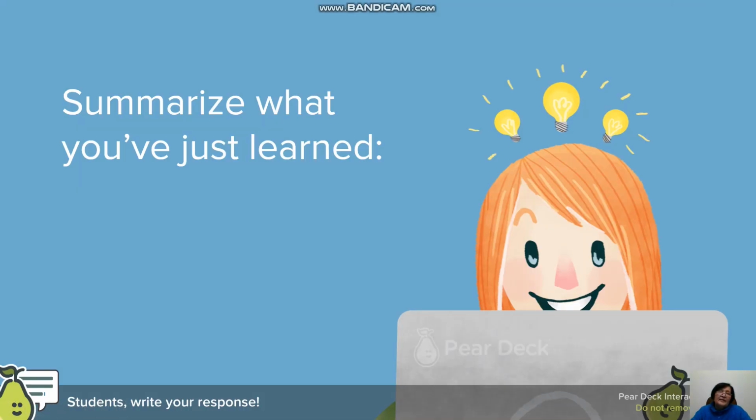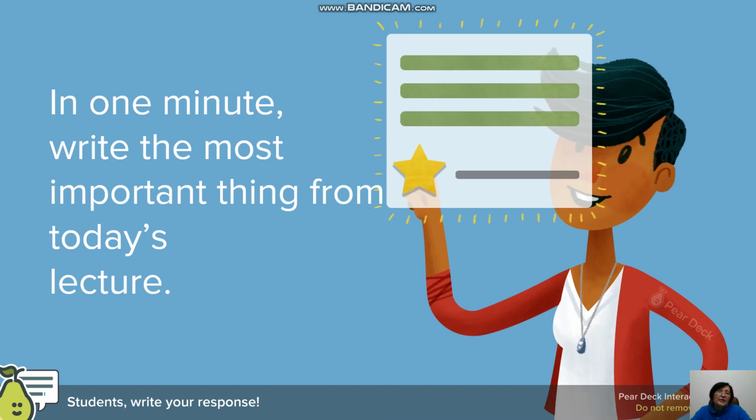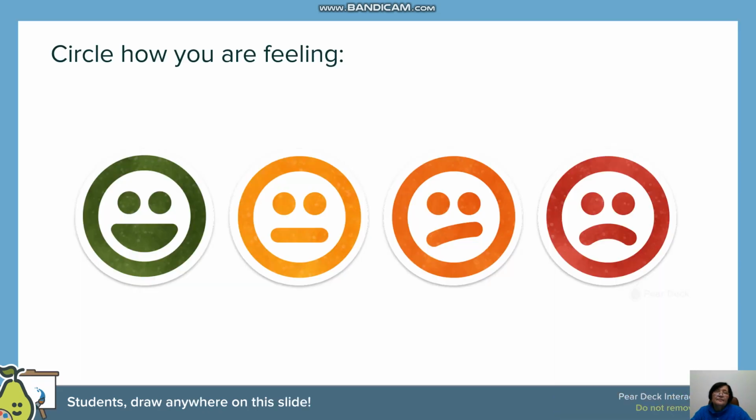Now please summarize what you have just learned. In one minute, write the most important thing from today's lecture. Thank you. Well done. Circle how you are feeling. Thank you.